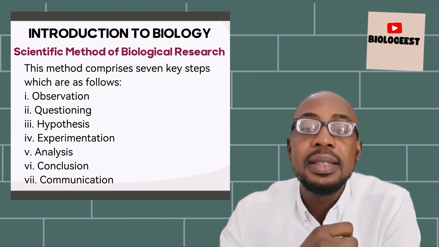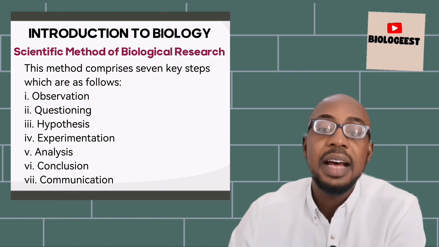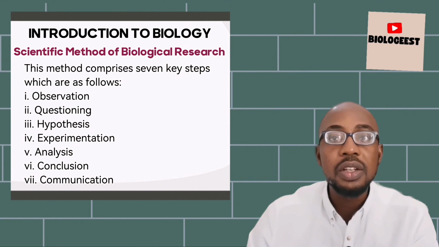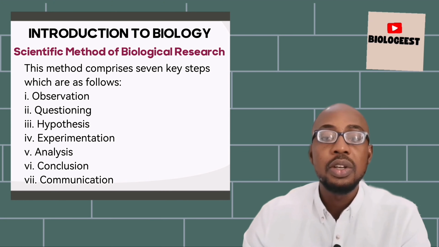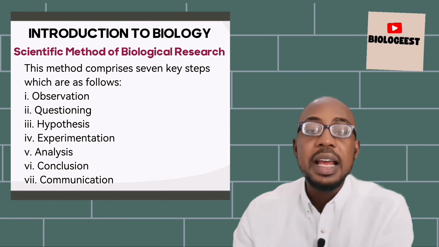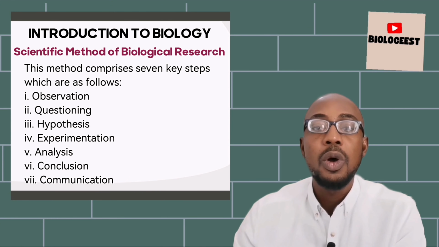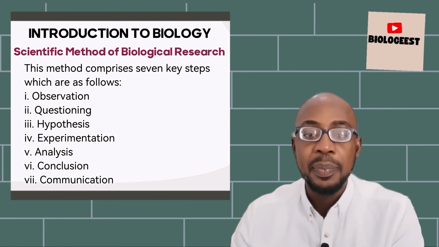This method comprises 7 key steps. That is, from the observation to the questioning, to the hypothesis, to the experimentation, to the analysis, to the conclusion, and then communication. I'm going to explain these steps one after the other, giving examples.